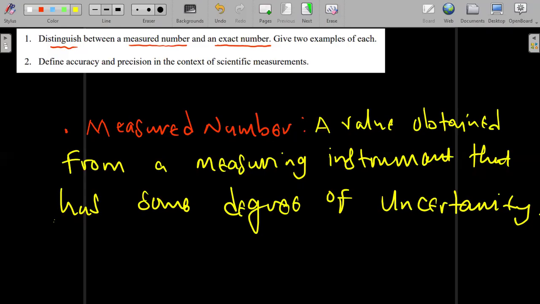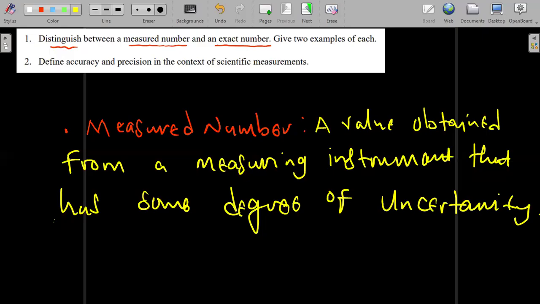Uncertainty simply means the instrument does not measure the exact value of the thing that you are measuring. There will be some error there. So if you have an apple that weighs 10 grams and you put that apple on the scale, it's not going to read exactly 10 grams.